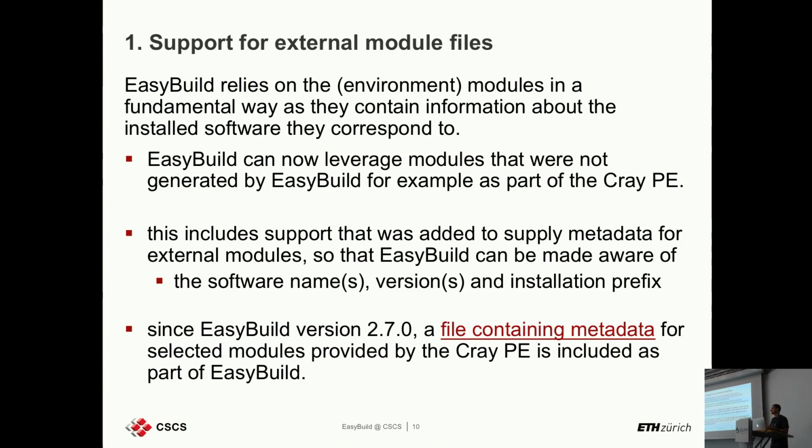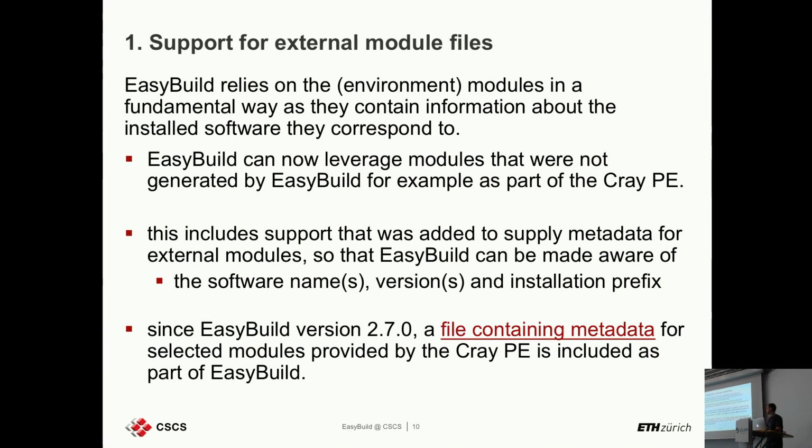This is used mainly on the Cray, but it doesn't mean that it cannot be used outside Cray. Anyone having existing modules can use this file to specify to EasyBuild to reuse them.